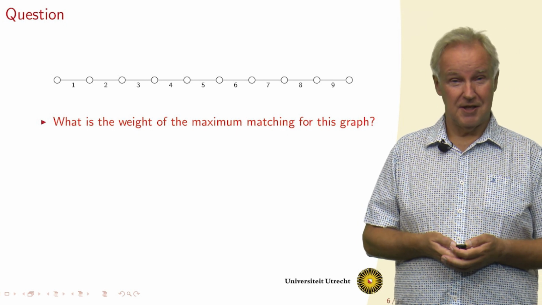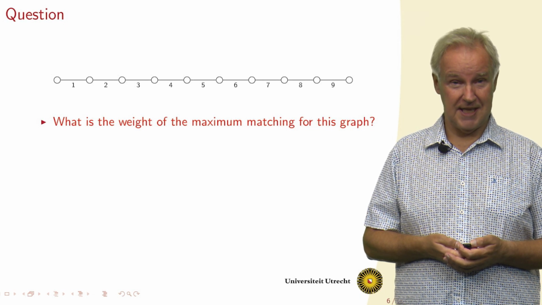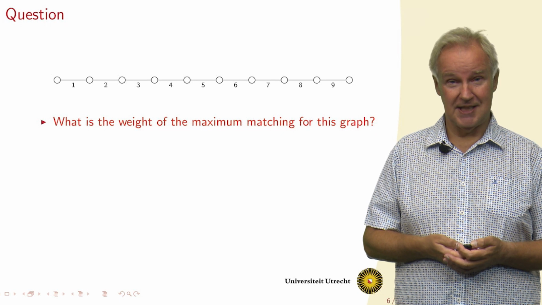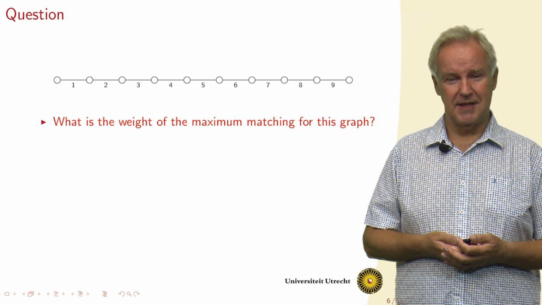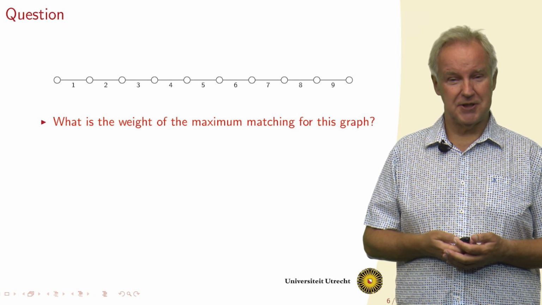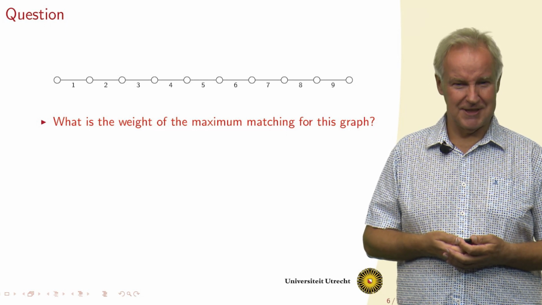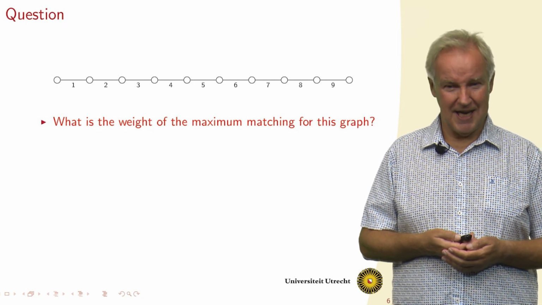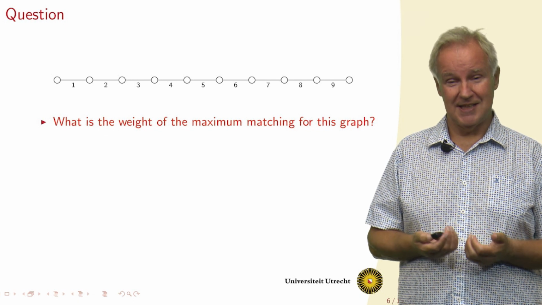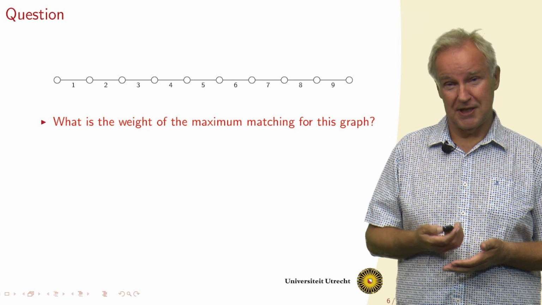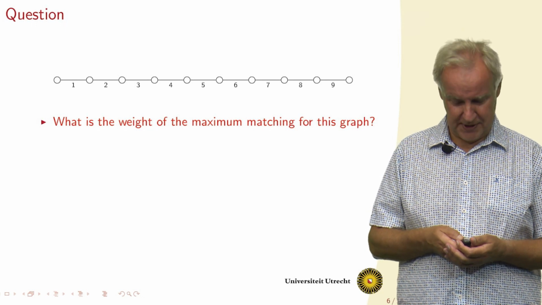In this case, we conclude that if we have all the odd weighted edges, 1, 3, 5, 7, and 9 in the matching, then we have the maximum. You cannot have more than 5 edges in the matching, and if you have 9 in the matching, it excludes 8. So this is a simple argument, and then you get to 25.